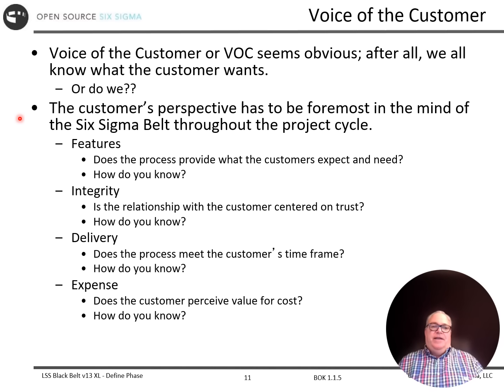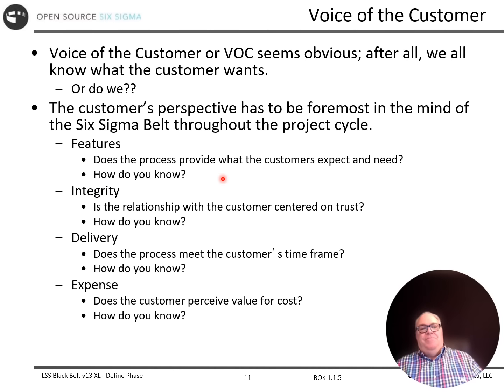So we can look at it from some different aspects. What things does the product or process have to provide? What do they expect and need? How do we know we have the right list and the complete list?